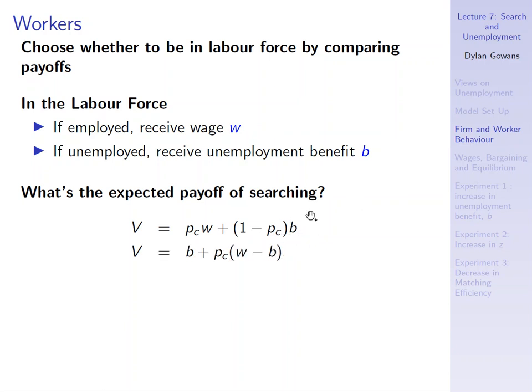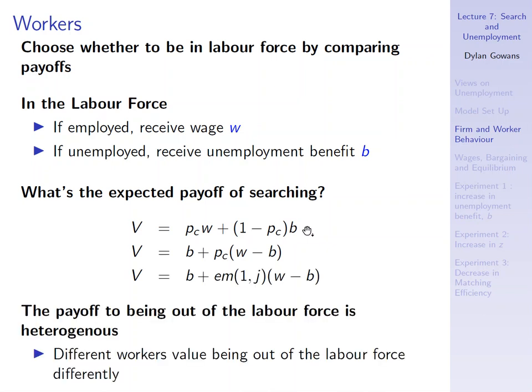And first I'm just going to rearrange this. You'll see why later, but these two expressions are just the same. And then let's plug in our expression for PC in terms of the matching function. And we get the following.